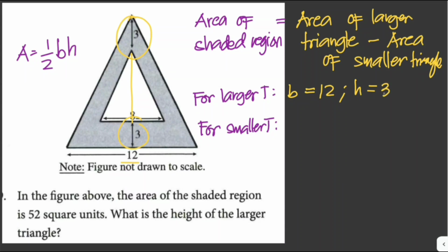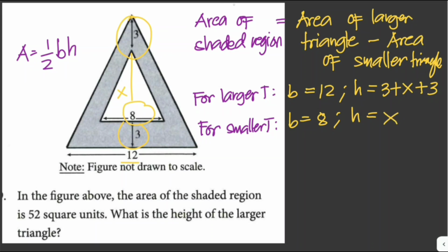We don't know the height of the smaller triangle, so we can let x be the height of the smaller triangle. So that would be 3 plus x plus 3. And for the smaller triangle, we're given the base, which is equal to 8, and the height, which we don't know, is equal to x.